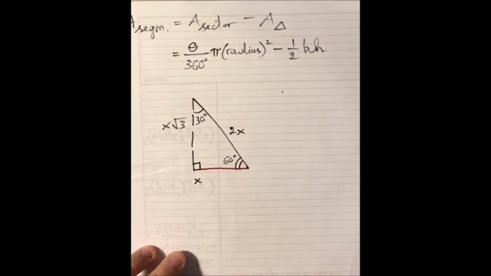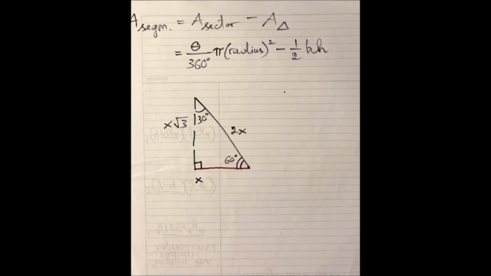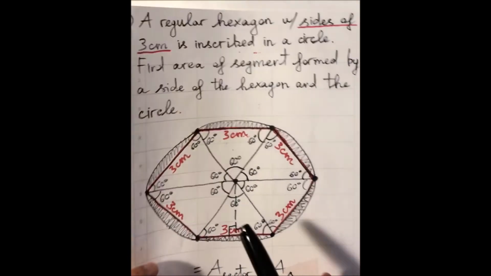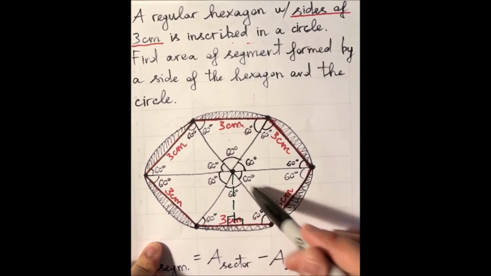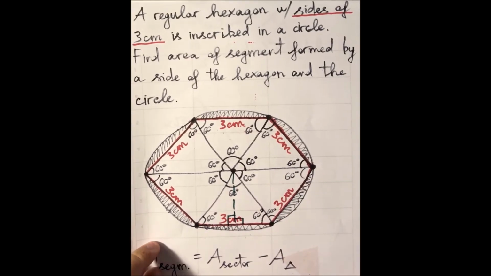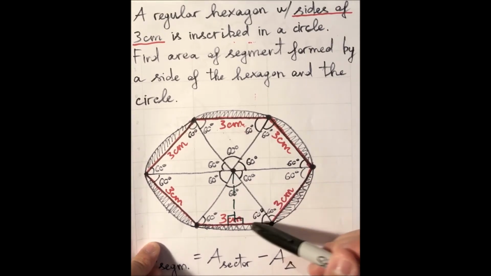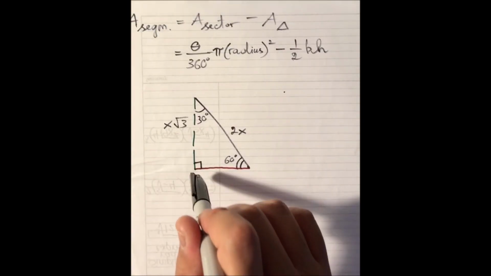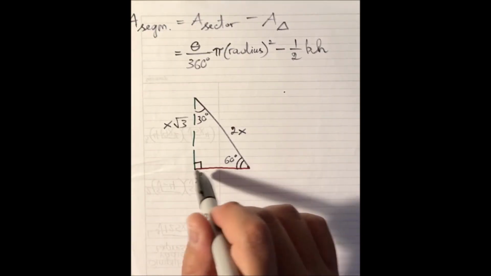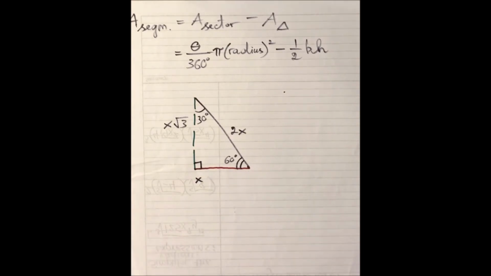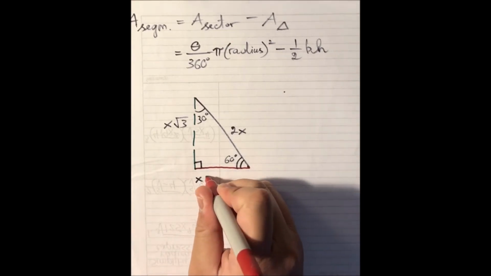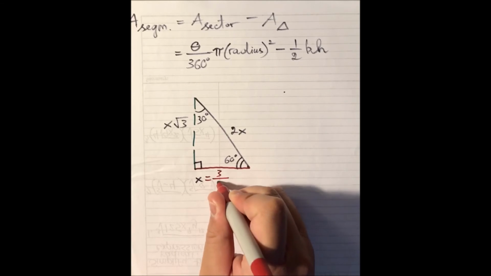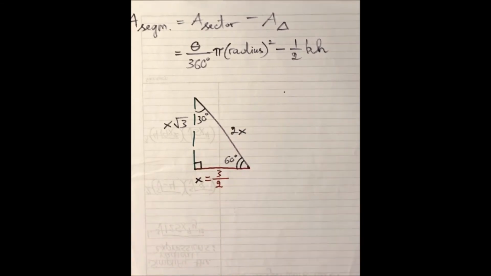the short leg. However, because we know the base of the entire bottom triangle here is 3 centimeters, and since we are only selecting the right half of this triangle, we know that this red part right here has to be 3 centimeters divided by 2, because remember that is half of the base of the entire triangle.